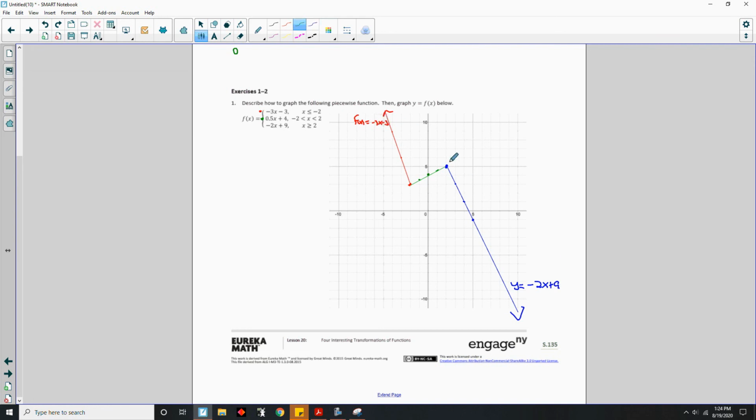And the green portion was f of x equals 0.5x plus 4. So there is the graph of the piecewise function listed here. And I didn't mark, but I did this one in blue. So there we have it. Okay, so there's our graph.